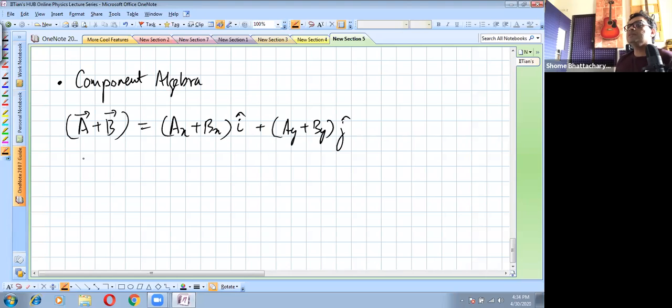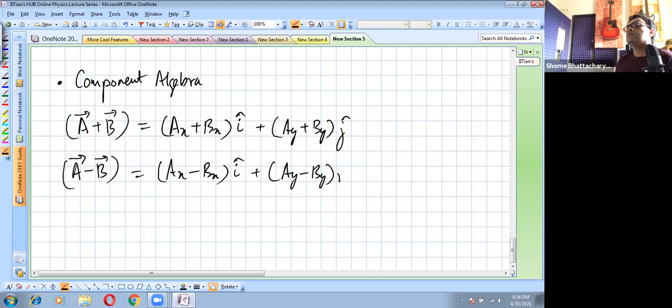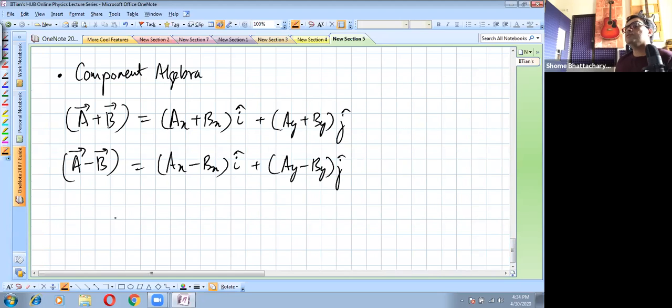Okay. Similarly, if I am doing the operation A minus B, it just becomes the difference of the x components into i cap plus the difference of the y components into j cap, like this. Okay. So accordingly, for example, if I have A plus B plus C, the sum of 3 vectors, just do a double addition.